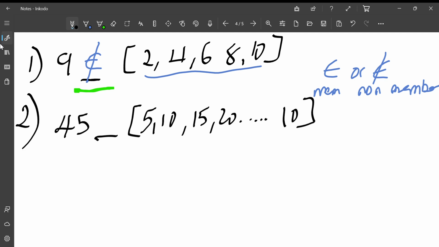When you have something like this, it means these numbers continue in increments of 5. So is 45 a member? The answer is yes, because if you keep going from 20, you get 25, 30, 35, 40, 45. So 45 is a member of this set, which means in this case I will put ∈, meaning 45 is a member of the set.